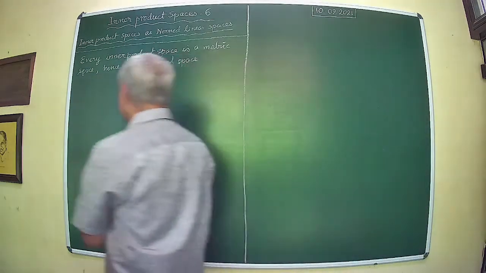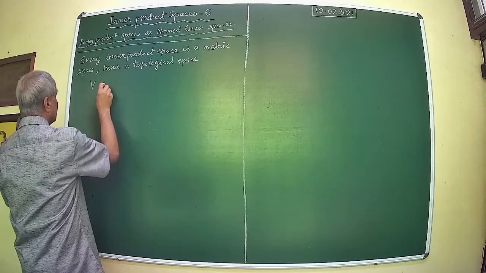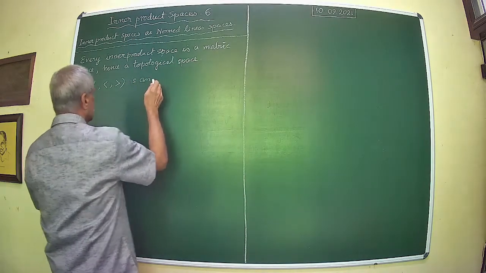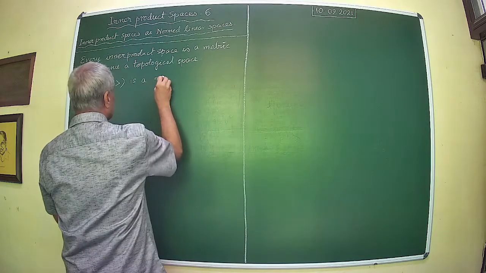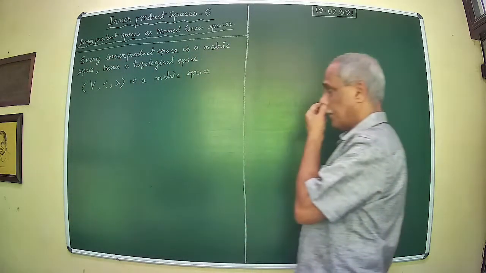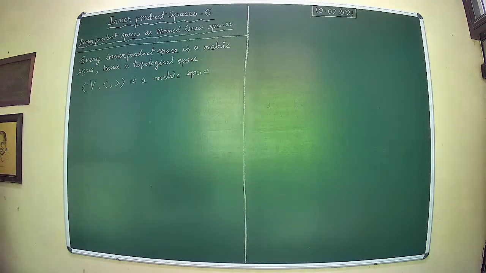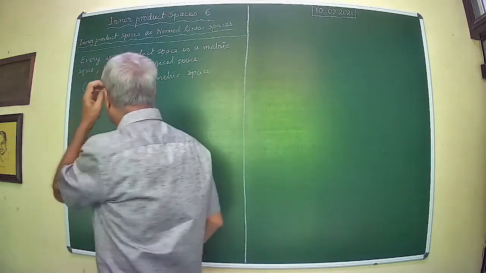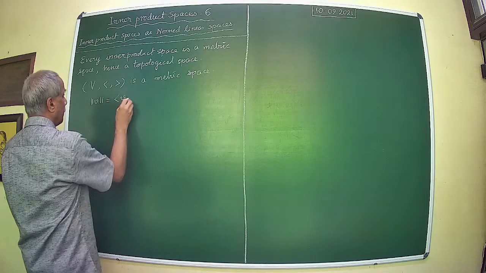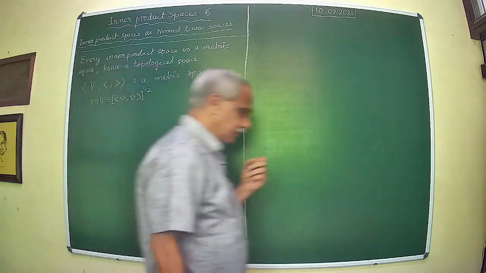So now V is a metric space. Now we want to show that this is what we have defined as the norm of V to the power half.